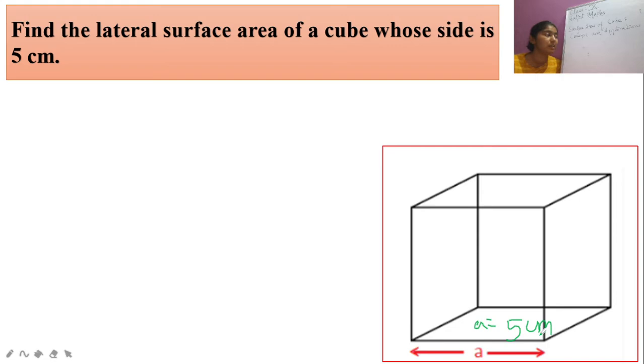Students, we will calculate the lateral surface area. For the lateral surface area, you have to leave the bottom part and the top part. Let me do it. Which parts are we going to leave? We leave the top and the bottom, and the other 4 we are going to calculate. So do it.